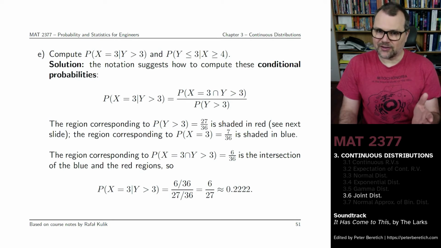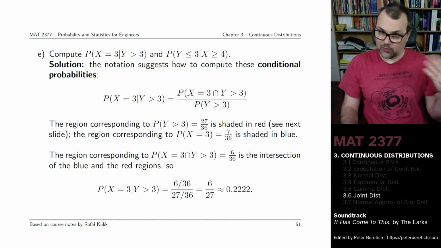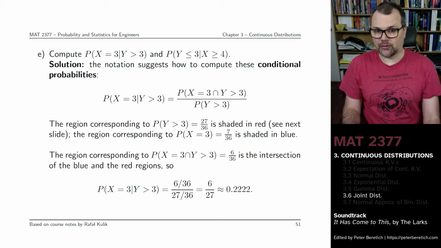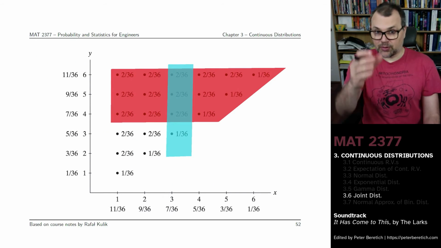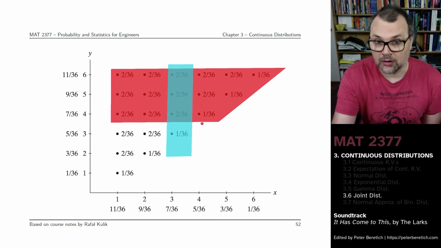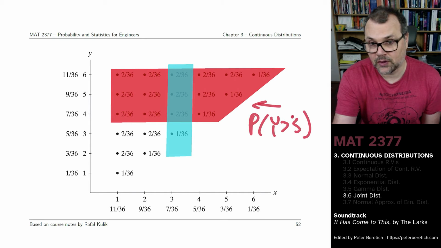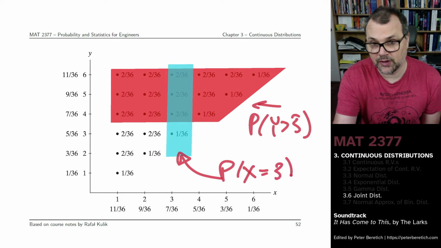So we've identified which regions correspond to each of the 2 events, the red region for y greater than 3 and the blue region for x equals 3, and we can compute the probabilities for each of these regions by adding up all of the points in the red region for y greater than 3 and all of the points in the blue region for x equal to 3.